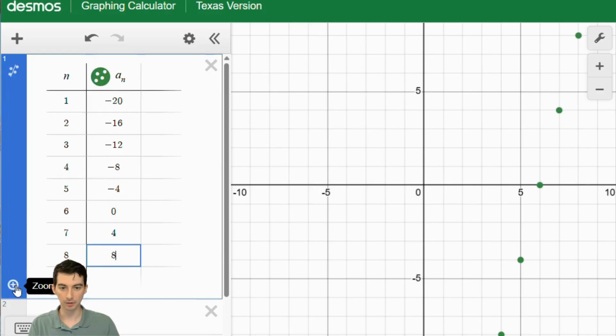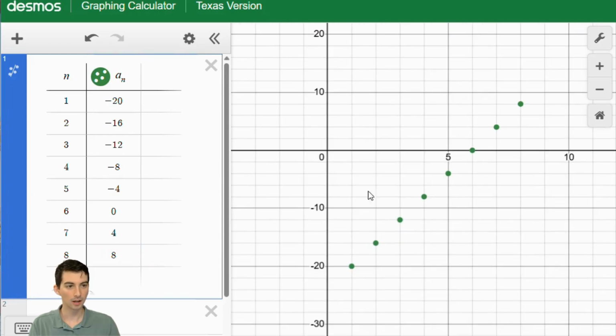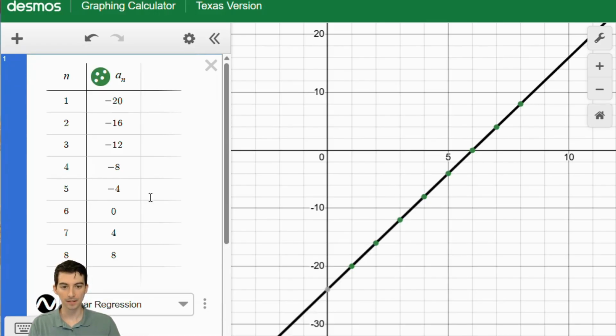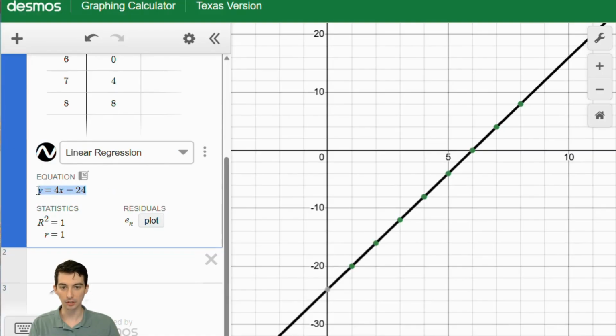And I can click on this button here, and it will show me that it looks like the same pattern that I have on my graph. And now if I click this button here that says Add Regression, it's going to come up with an equation. And you see it's the same numbers that we have in the formula that we built, just with different letters. So we can change this y to be a sub n, and this x can just become n.